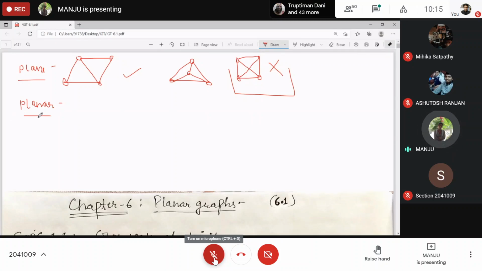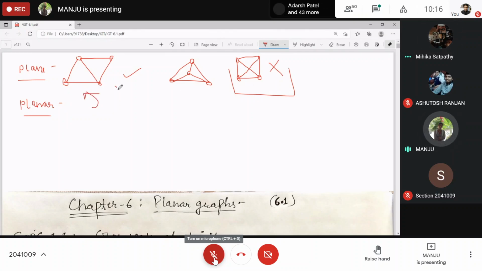What do you understand by a planar graph? Plane just depends on how it is drawn, already drawn. Now tell me planar. If it can be drawn as a plane graph, then it is planar.